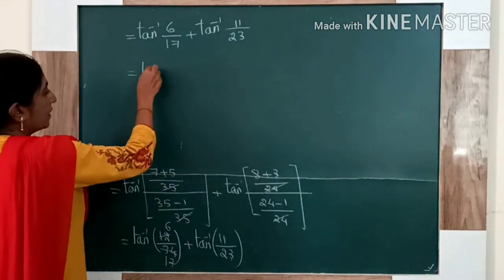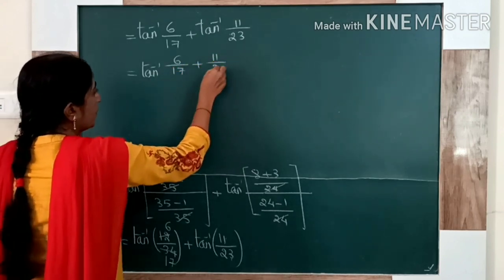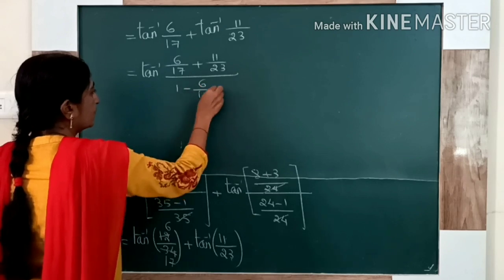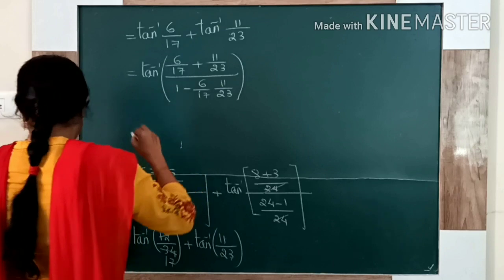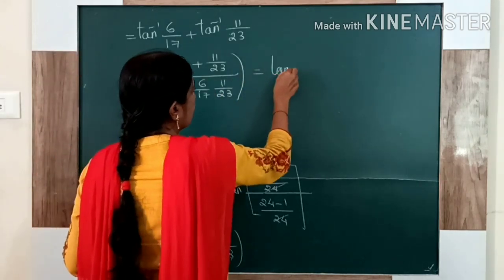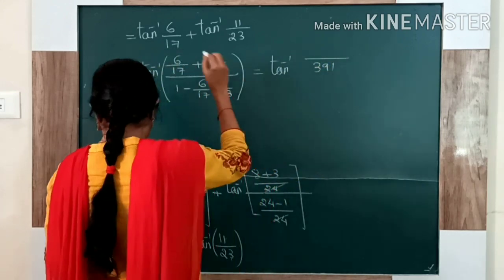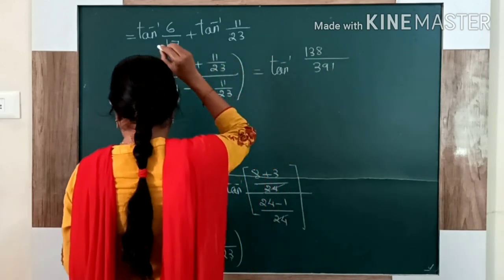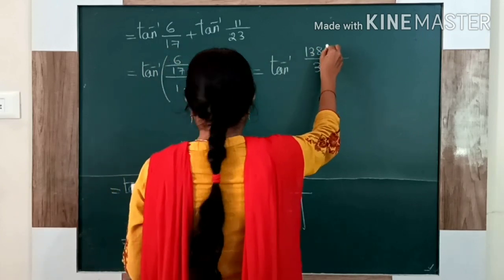Now again apply that: tan inverse of (6 by 17 plus 11 by 23) upon, take the LCM of that. 17 into 23, and the next one 23 into 6 plus, and multiply these two.